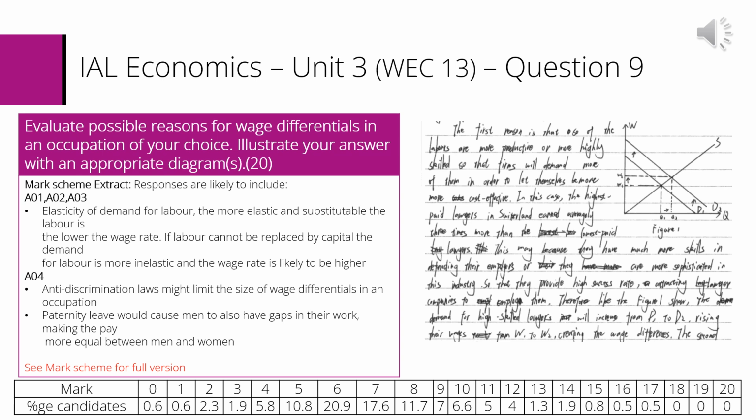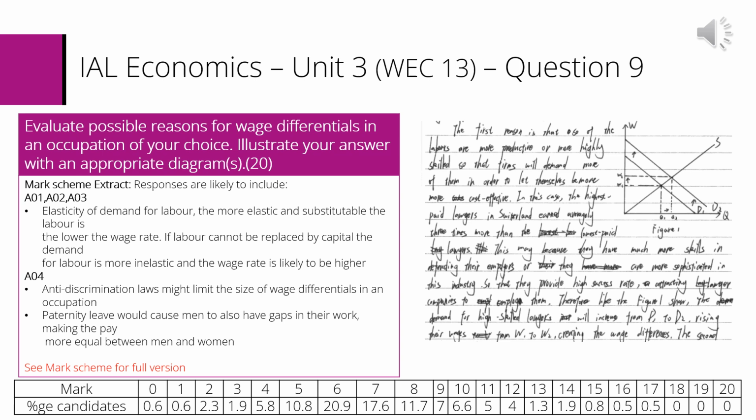Many candidates addressed why wage differentials exist between the industries rather than within one. However, many candidates also focused too heavily on the reasons why wage differentials exist between occupations. This again didn't address the question. As a result, few candidates achieved level 4 on this essay.